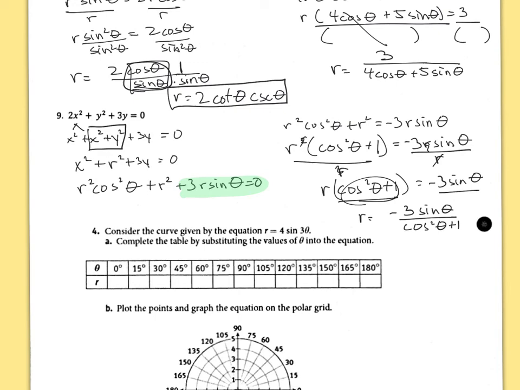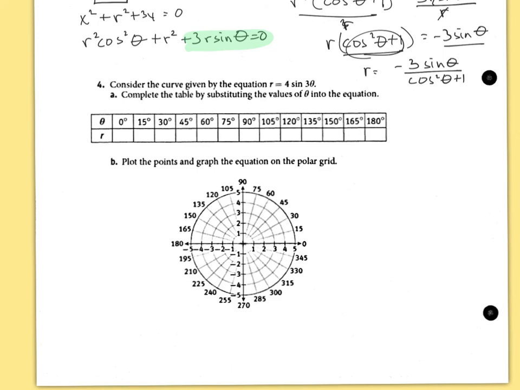Now every day we do one graph at the end, and then this graph turns out to be what we do the next day. So no difference here. If you take a look at our equation, we have 4 sine 3 theta. So throw that in the calculator and let's get some values.